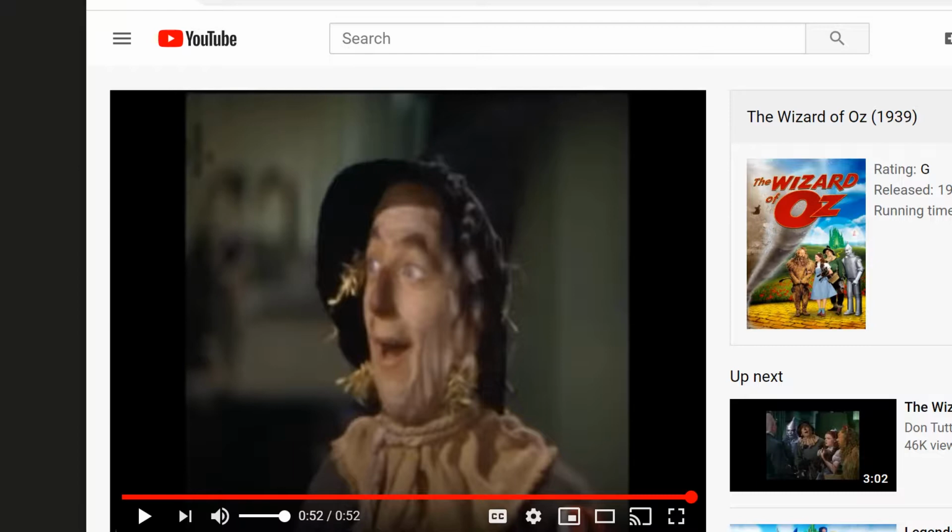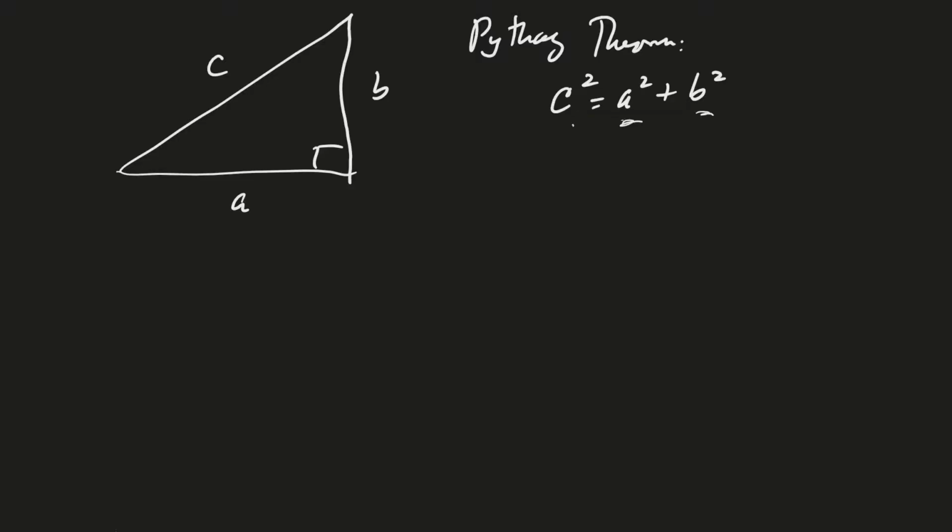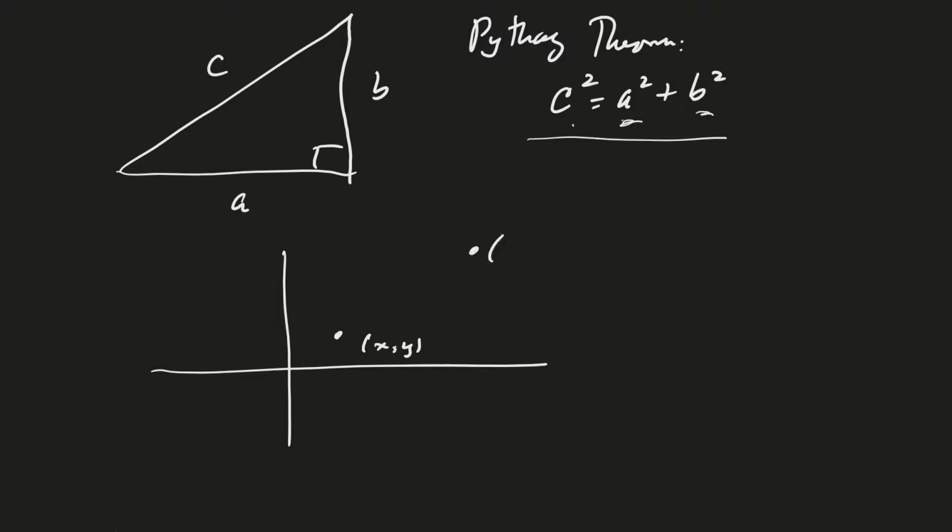Okay, let's go back to our math now. We've got our Pythagorean theorem here, and using it, we can find the distance between two points in the plane. So if I have points xy and AB, the distance between them we think of as the hypotenuse of some triangle.